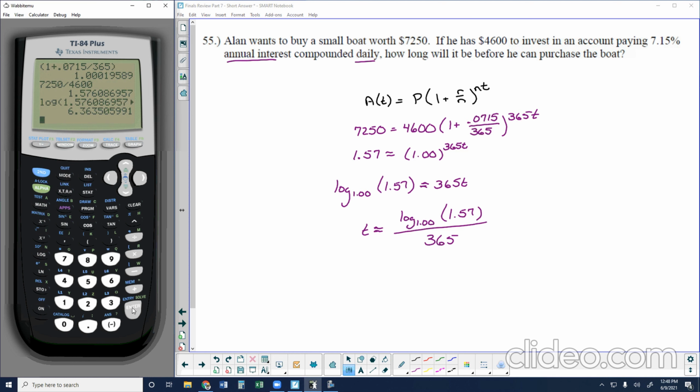So though I rounded the answers in my calculator, I want to make sure that I use those decimals to get my answer. So we're going to round things to the hundredths place generally. So it's going to take him approximately 6.36 years to amass enough money to purchase the boat.